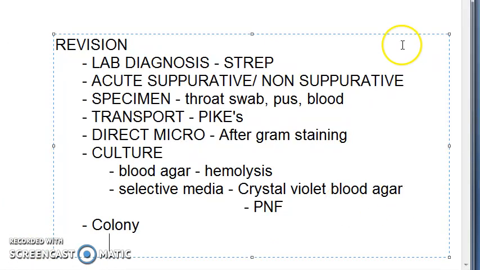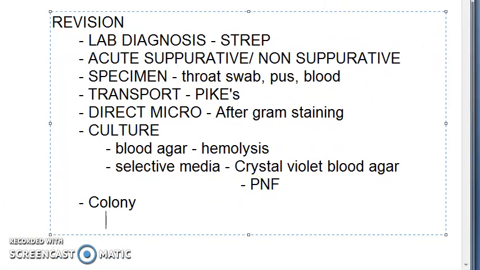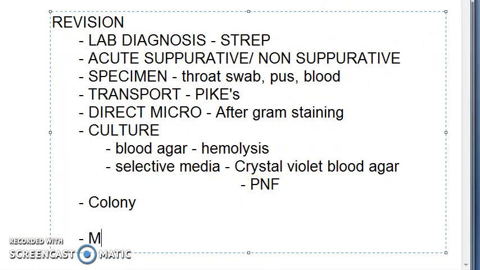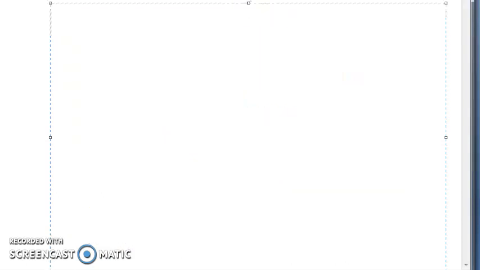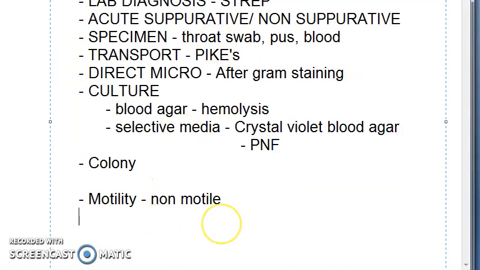So let us revise now what all we have read so far. Okay, great. So colony we saw. Then you will say motility, non-motile, right? Then moving on, biochemical tests.